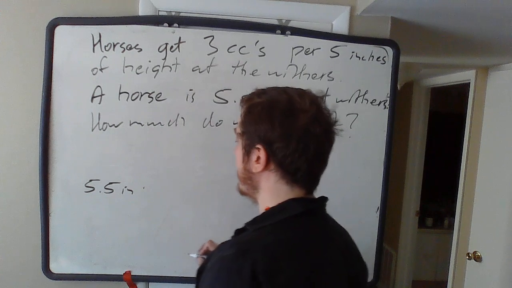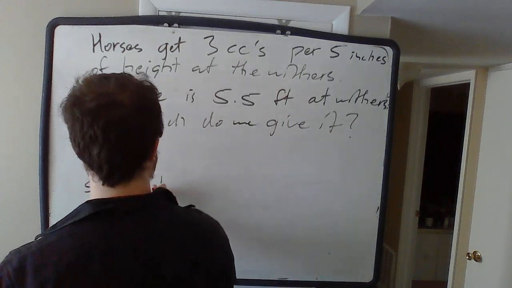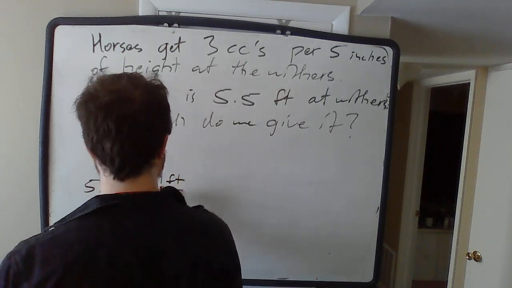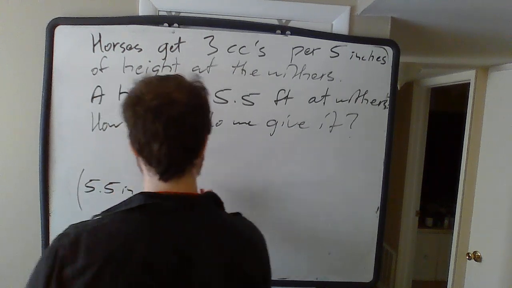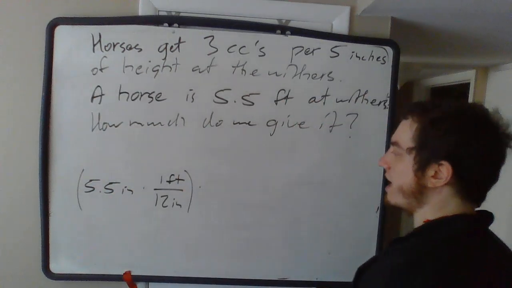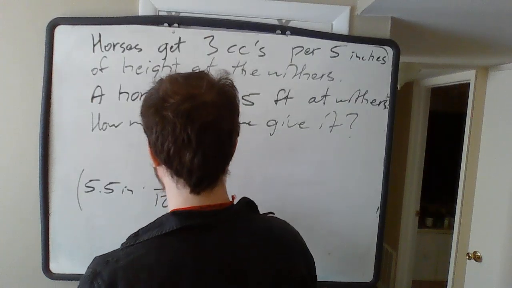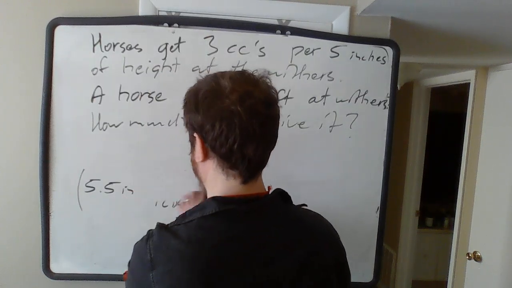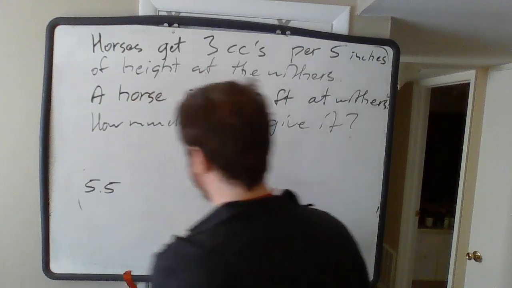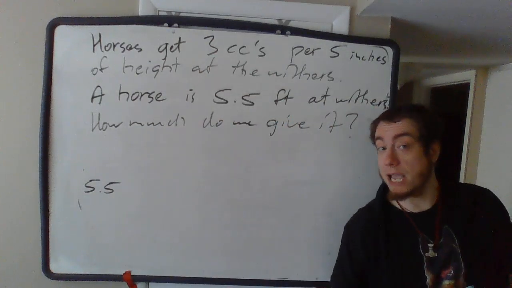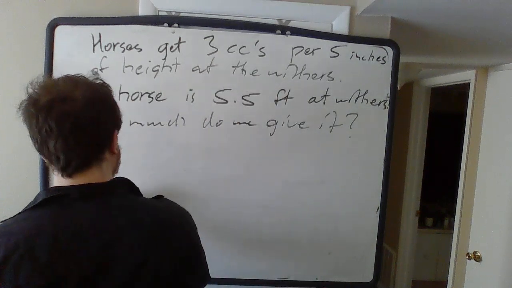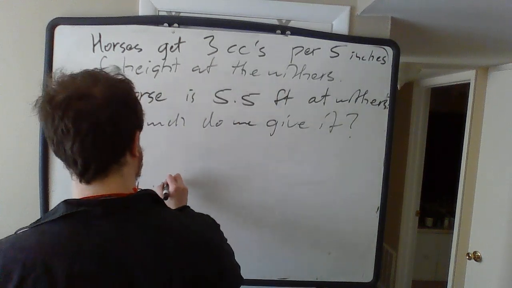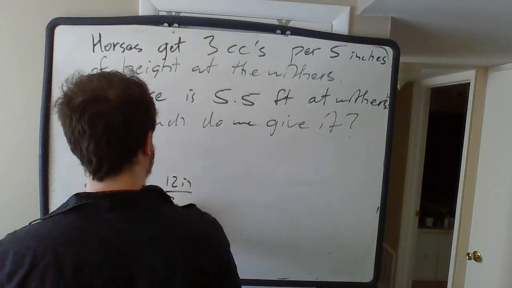Let's multiply that by 1 foot per 12 inches. Now, when I do that, the inches... I wrote inches instead of feet. Yeah, let's back up a moment and actually get the units right this time, shall we? 5.5 feet times 12 inches per foot.